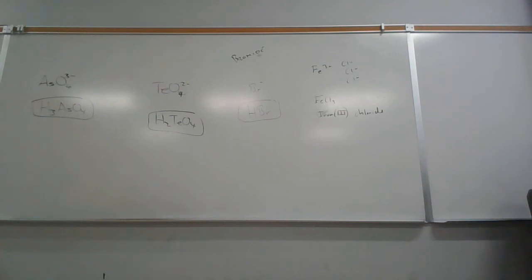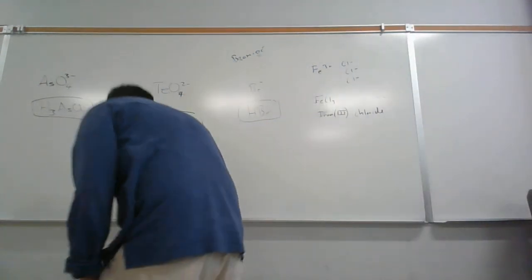IO4 minus. What would that be? Is that iodate? What is iodate? Yeah, IO3, and this is IO4, so we call this per-, periodate.